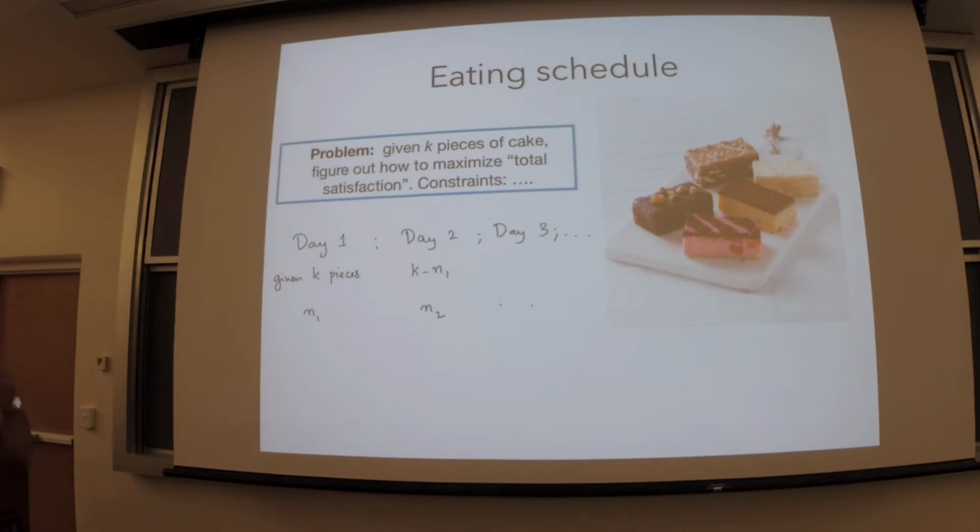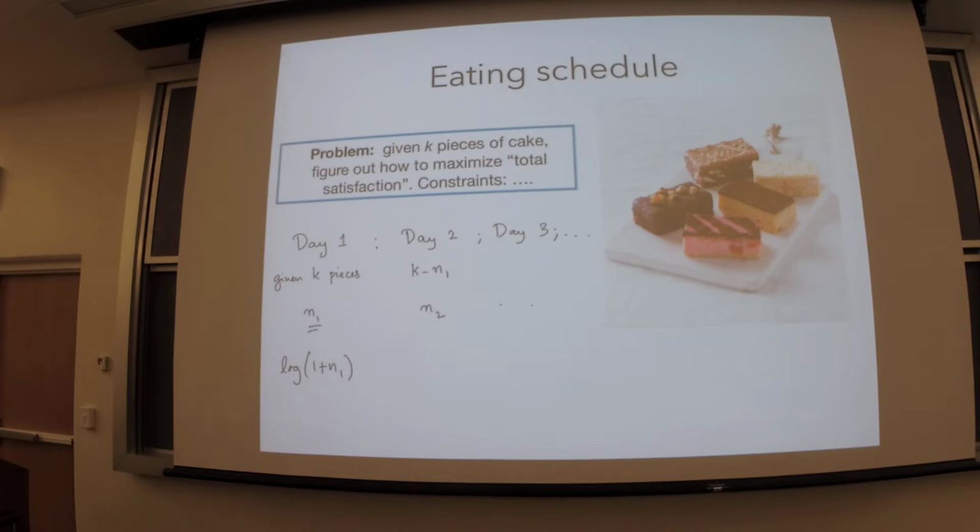This is just modeling, and there are probably many ways to model it. If you eat a lot of pieces, there are diminishing returns that kick in. If you eat everything on one day, it's some diminishing function of n1. A common function people use is log of 1 plus n1.